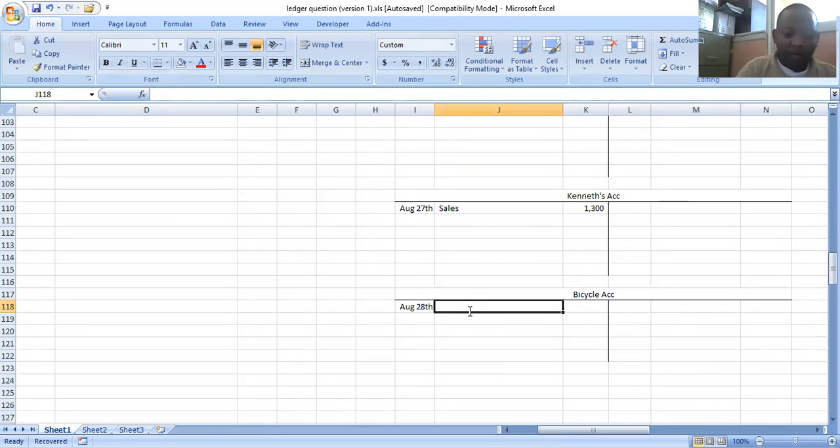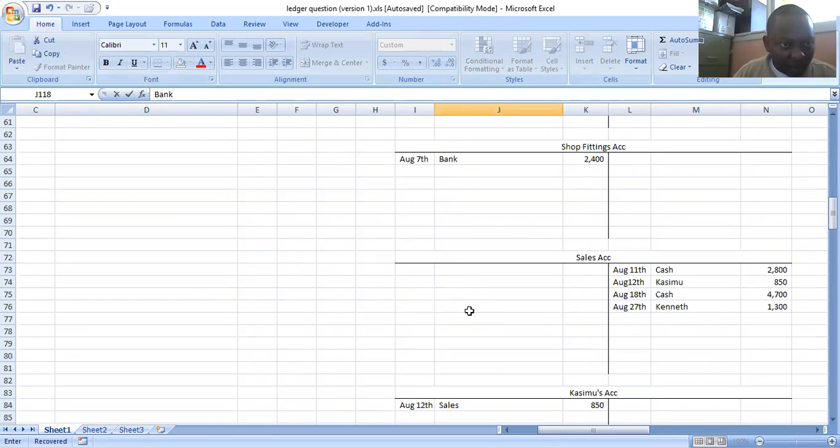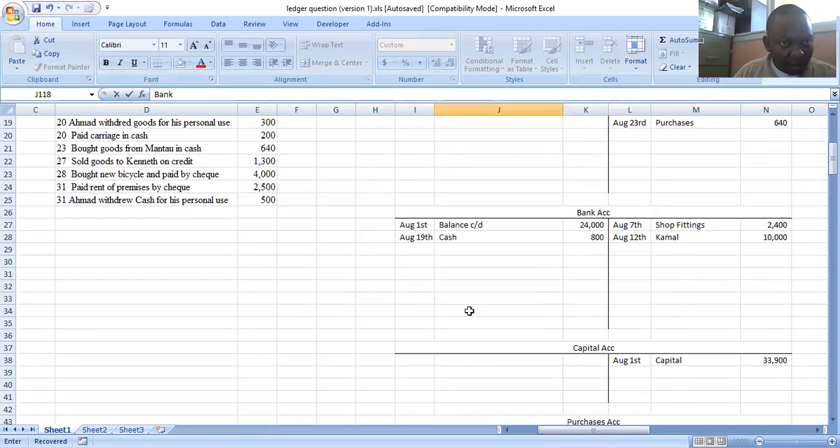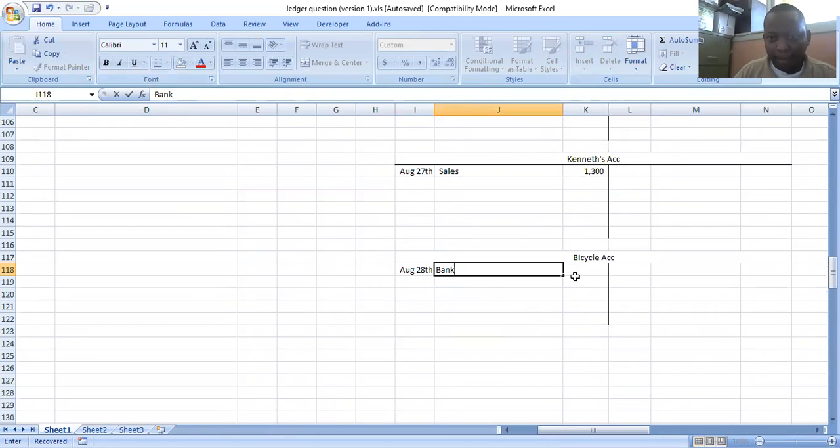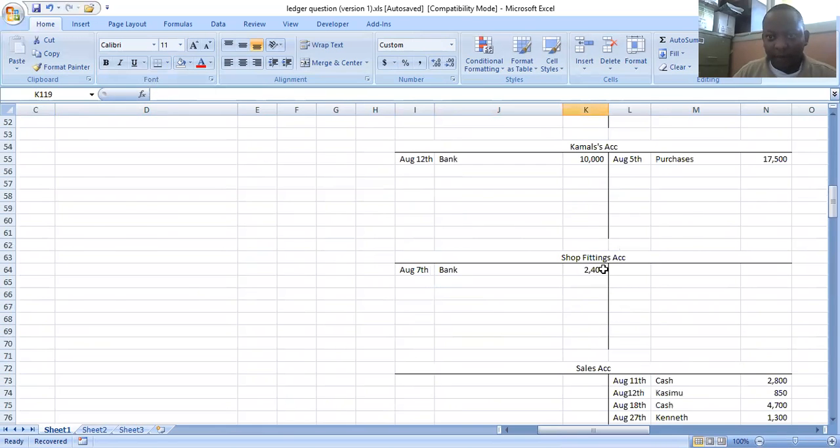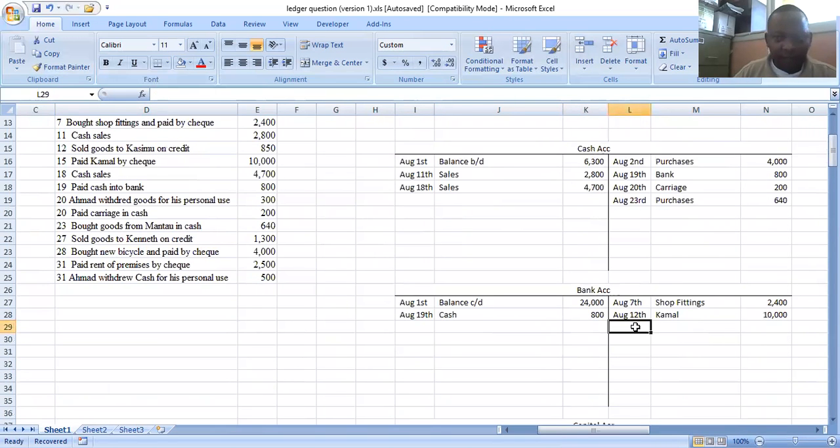Debit bicycle account by bank, and the amount is 4,000. Then you credit bank by bicycle, on August 28th, and we credit 4,000 shillings.